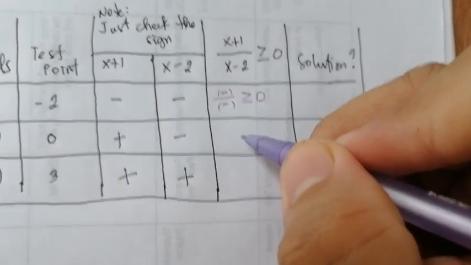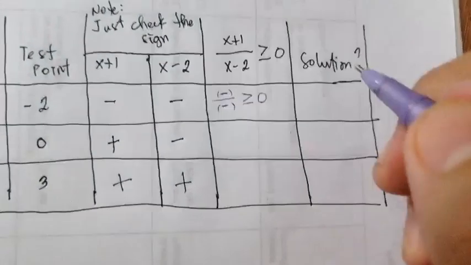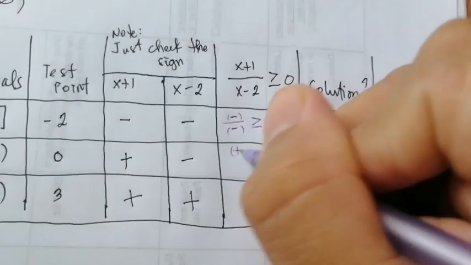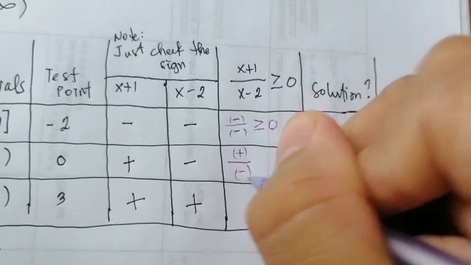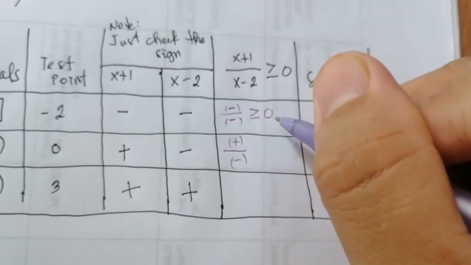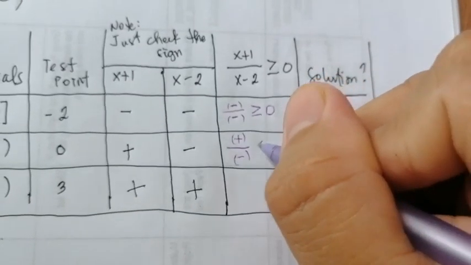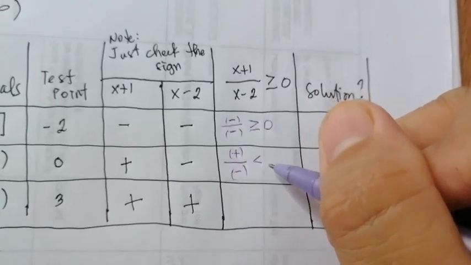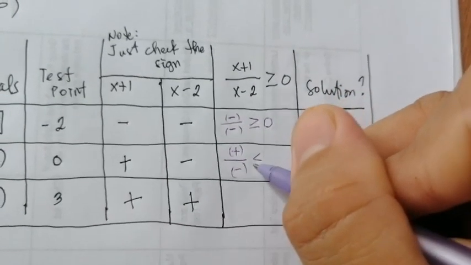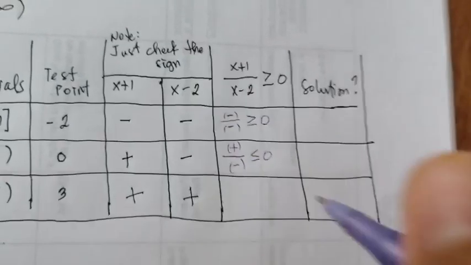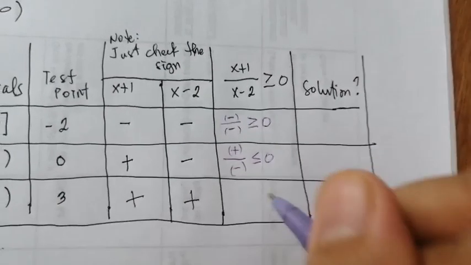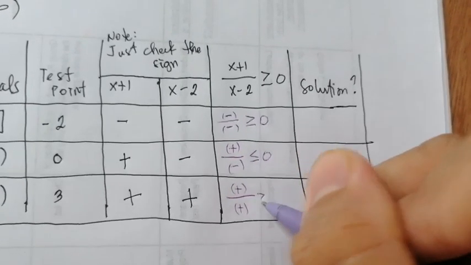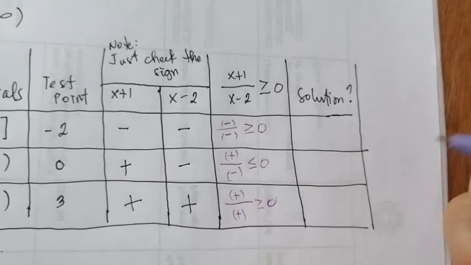For the next interval, ang meron tayo dito ay positive over negative. And that's not greater than or equal to 0. That's negative, less than 0. So, for the last part, we have positive over positive. So, that's greater than or equal to 0 for inequality.